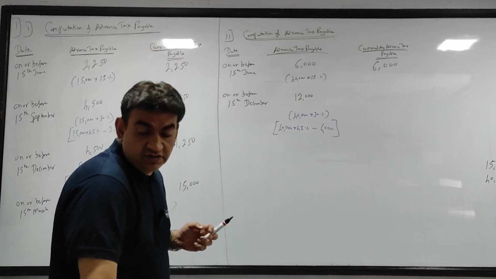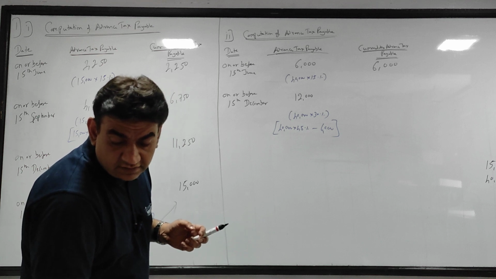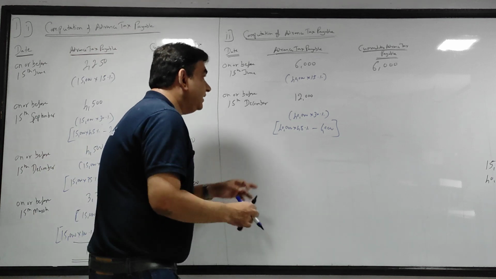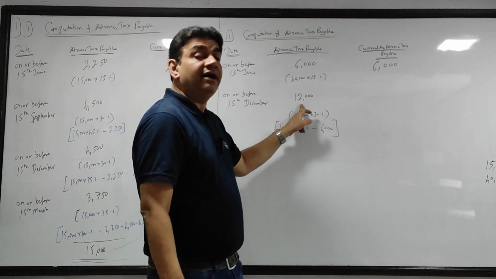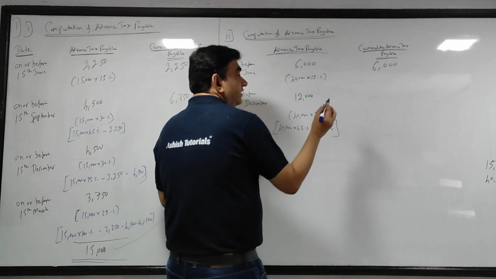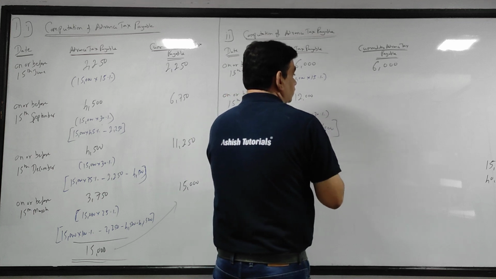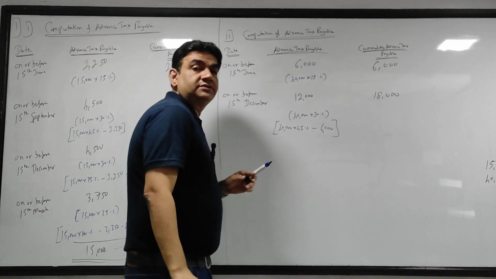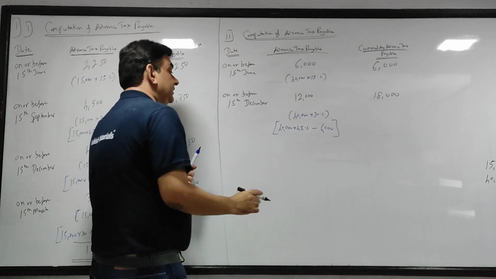Getting it? Check करो. 40,000 का 45% gives you 18,000. 18 में से 6 मैंने यहाँ पे पे कर दिया. So now cumulative will be 6 plus 12, that is 18. Getting it? Next.